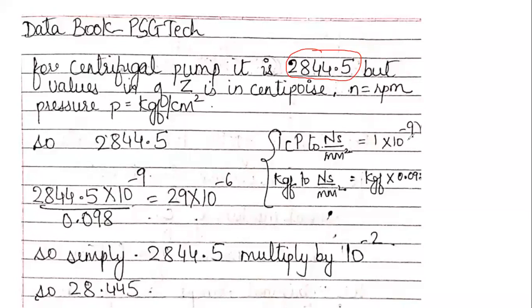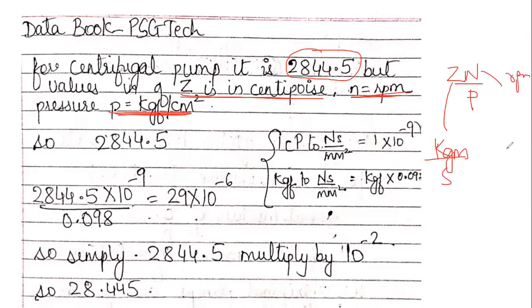But that value is 2844.5 when Z is in centipoise, N is in RPM, and P is in kgf per centimeter square. But for the calculated Zn by P value that we are seeing, Z is in kg per meter second, N is in RPM, and pressure is in Newton per mm square.